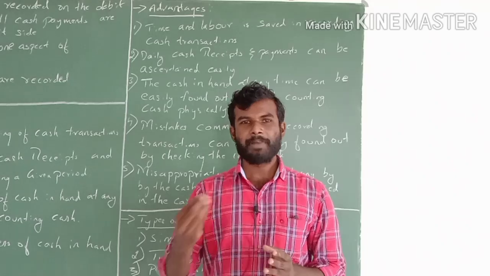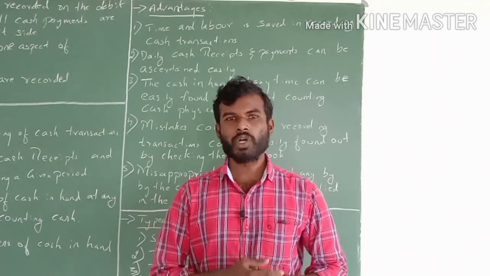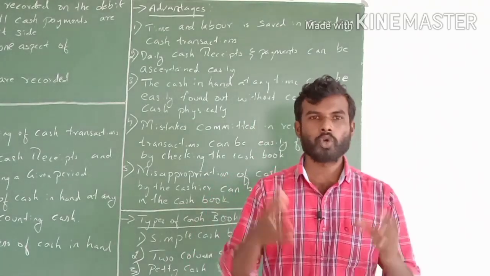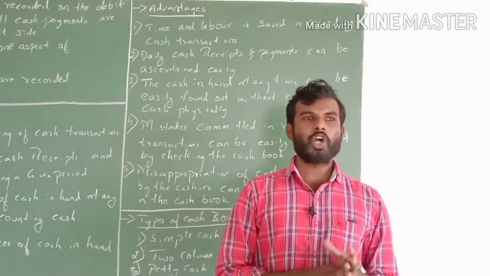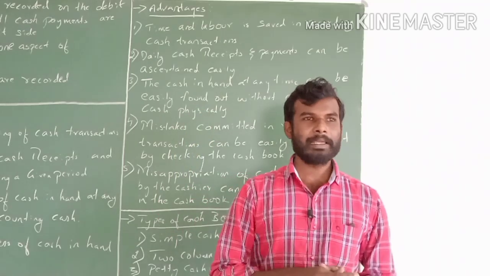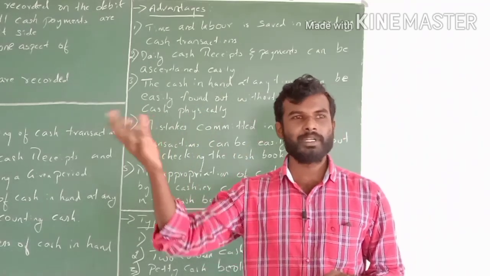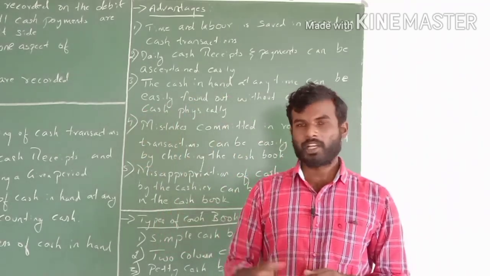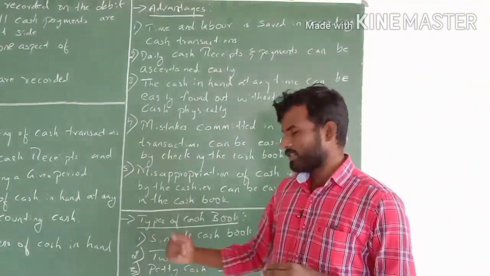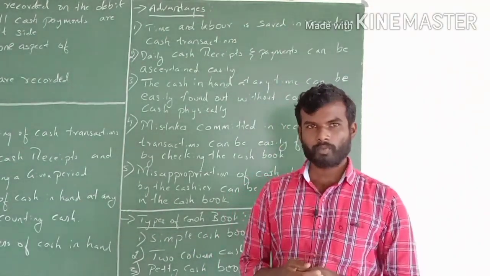This is the simple cash book, or single column cash book. The next is the 2-column cash book. 2-column cash book means 2 amount columns will be maintained. For example, cash as well as bank columns will be maintained on the debit side as well as the credit side. Lastly, we have the petty cash book. For petty expenses, we maintain this petty cash book.